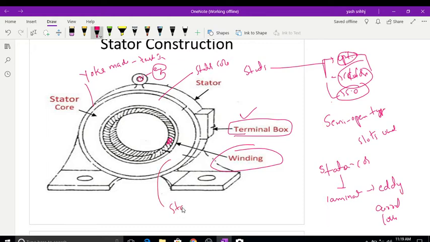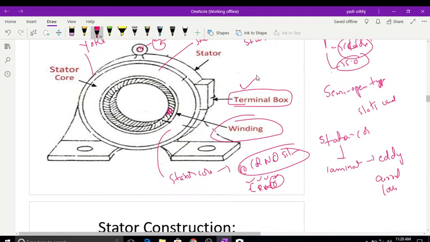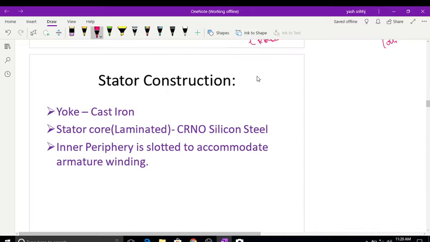The stator core is made with cold rolled non-oriented silicon steel. Generally the transformer uses CRGO steel, cold rolled grain oriented, but here it is cold rolled non-oriented silicon steel. That's the difference between the transformer and the synchronous generator.